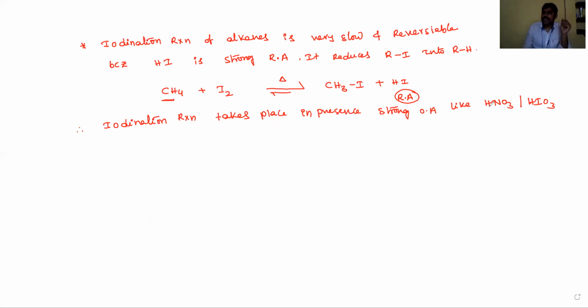So these HNO3 or HIO3 are oxidizing agents that immediately oxidize HI into iodine.